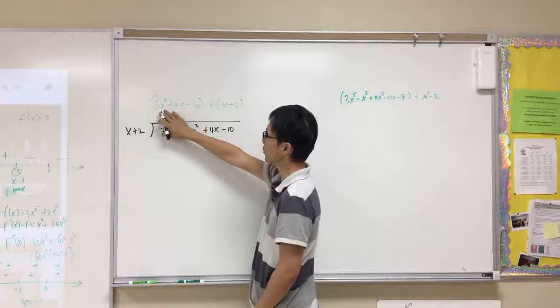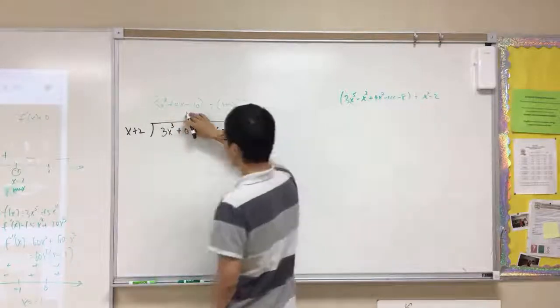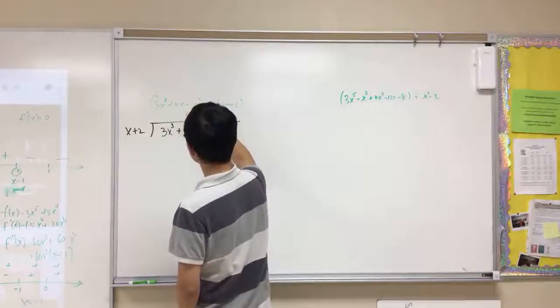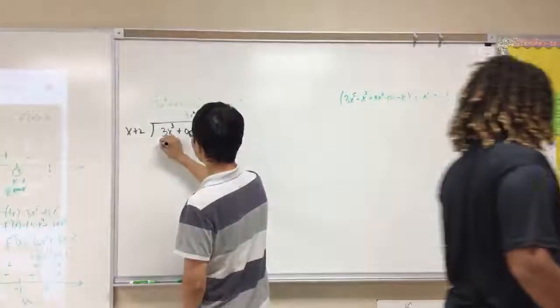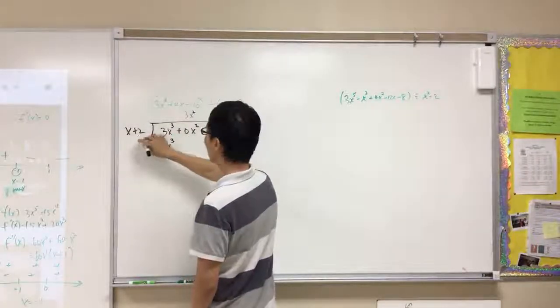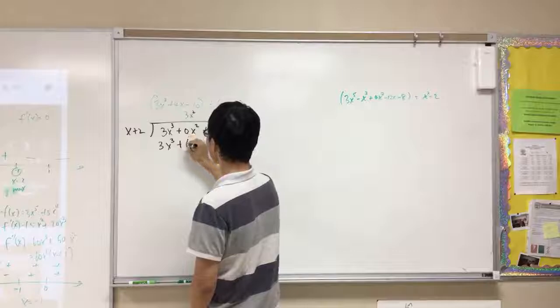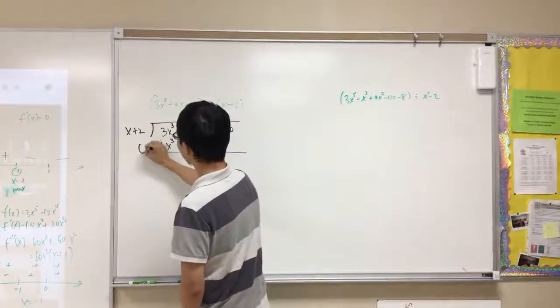I will not start right here. I will start right here in this space, right? So then you will have 3x squared. So then that's going to be 3x to the third plus 6x squared. So again, I will do the subtracting.